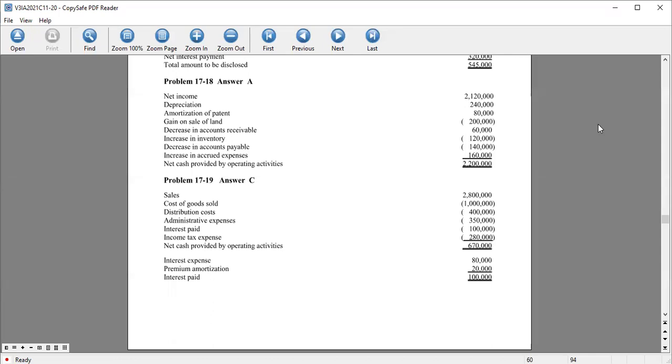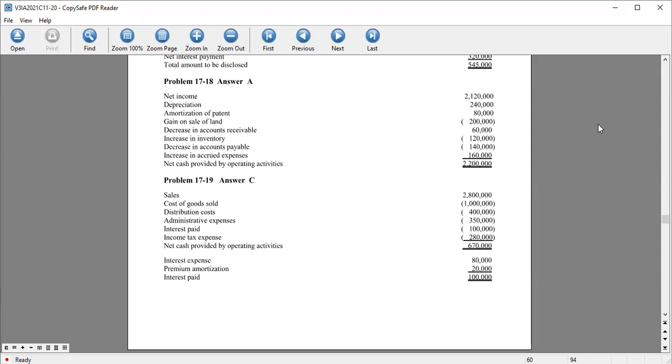Then we have income tax expense, net cash provided by operating activities. Then interest expense of 80,000, premium amortization of 20,000. Now you have your interest paid of 100,000. The answer to number 19 is letter C for 670,000.